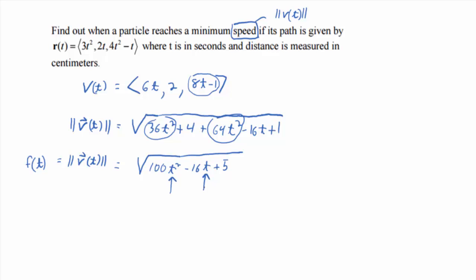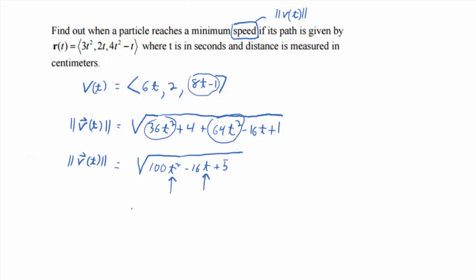But wherever the radicand has a minimum, won't the square root of the radicand still be the minimum for the square root function? So you can count on the square root not having anything to do with where the input value's minimum is. In other words, the t value that produces a minimum for the radicand will be the same as the t value that produces a minimum for the square root of the radicand, simply put. Does that seem reasonable?